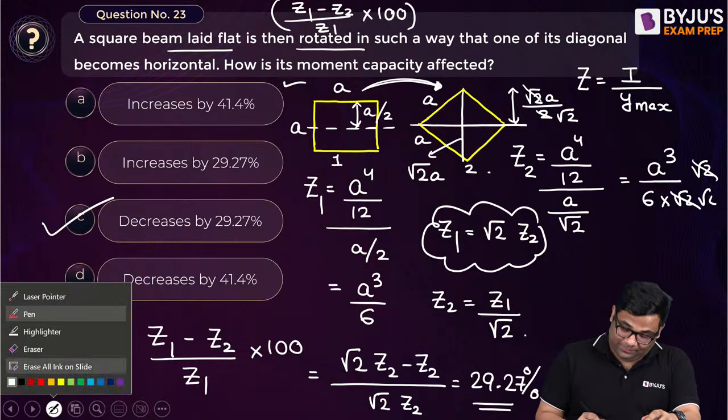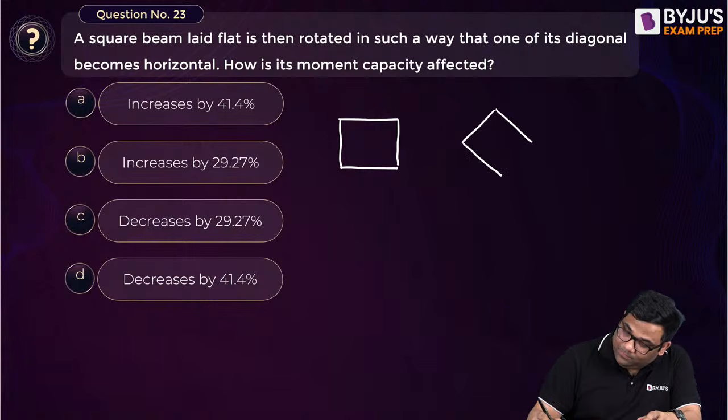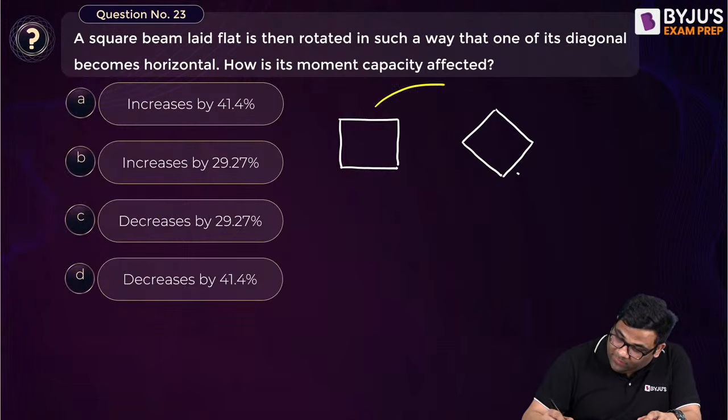I'll erase everything. Now you can remember this if you want: if you are going from here to here, there is a decrease of 29.27%.